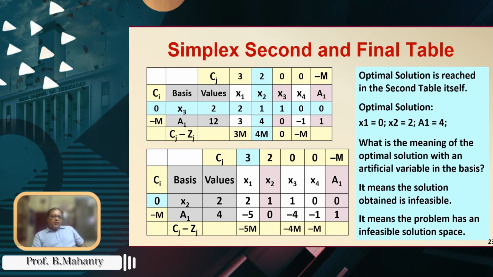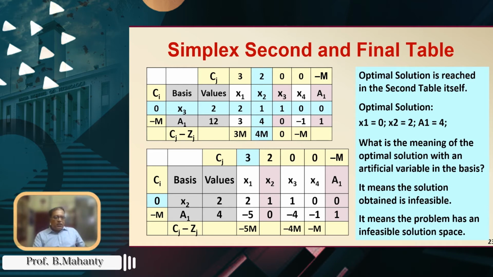So that means the optimal solution is obtained. This table itself gives us the optimal solution. And if you really look into the optimal solution, a very interesting thing can be found. That optimal solution is x1 equal to 0, x2 equal to 2, and a1 equal to 4.